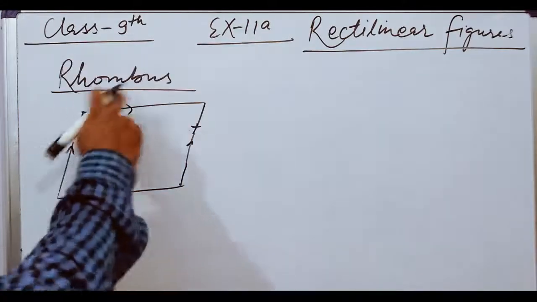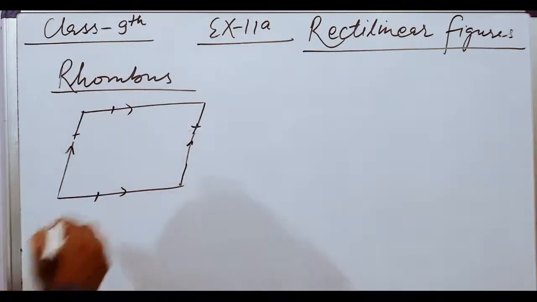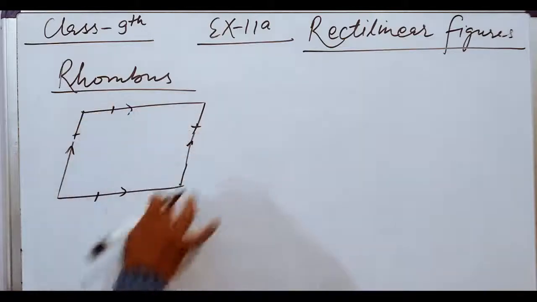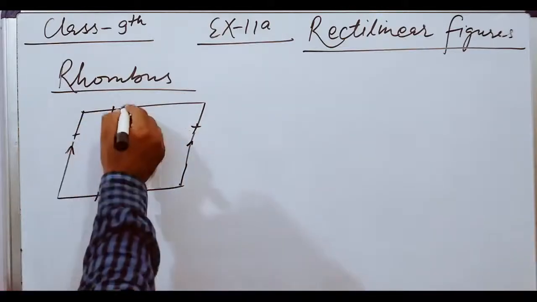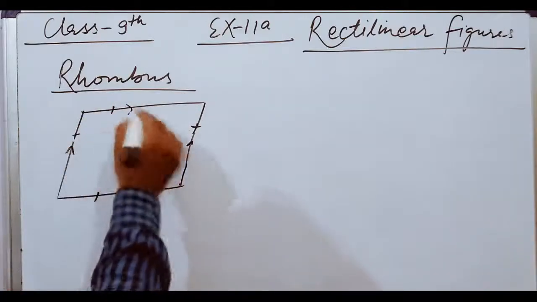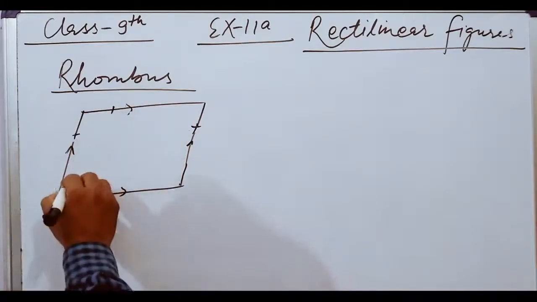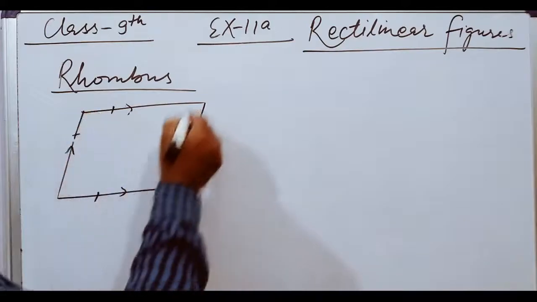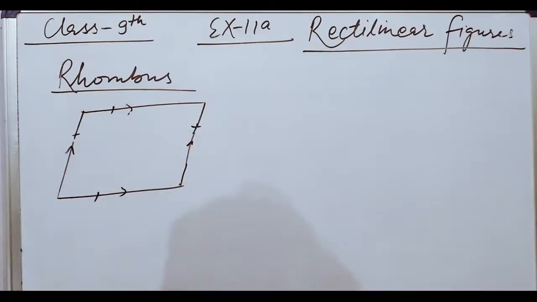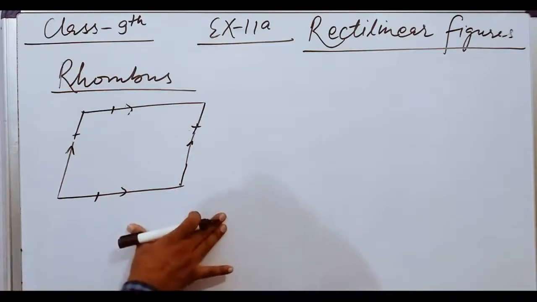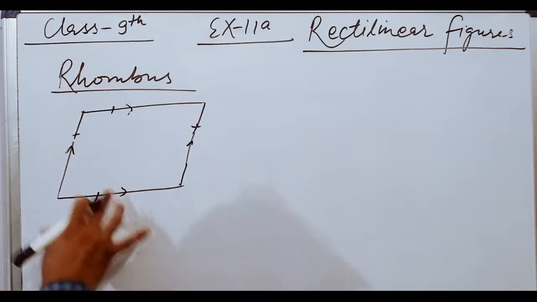Now, dear students, rhombus. In a rhombus, all sides are equal, opposite sides are parallel to each other, and diagonals bisect each other at right angle. But what is the difference between a square and this?